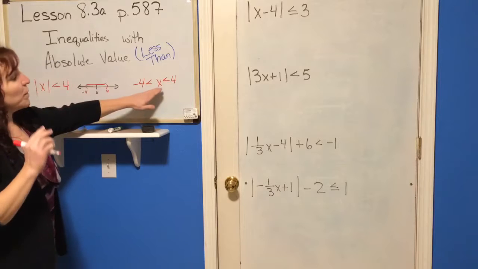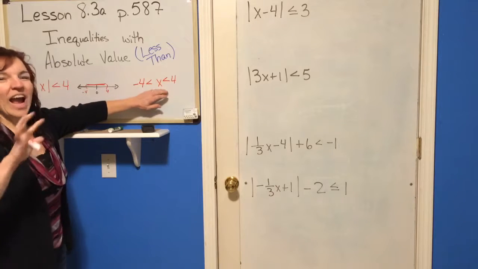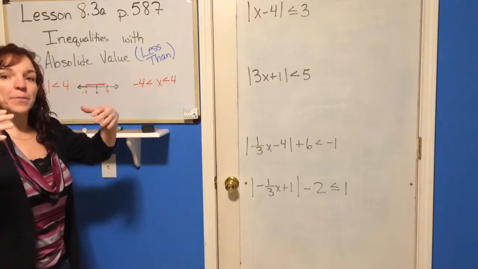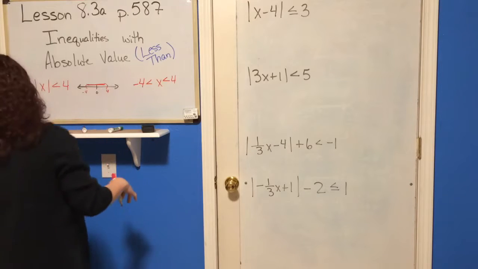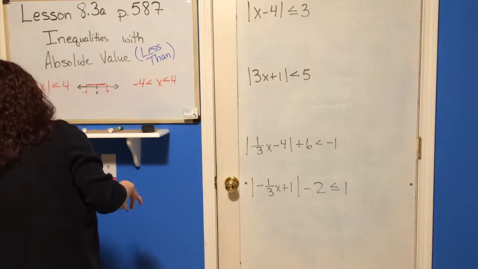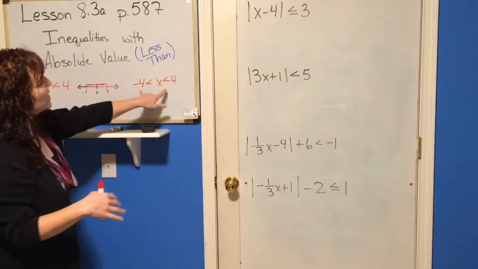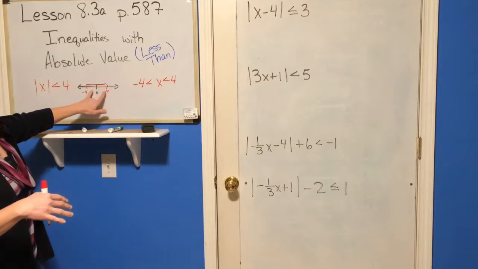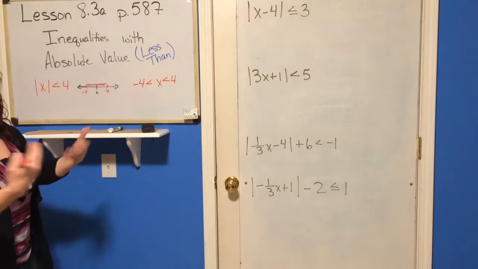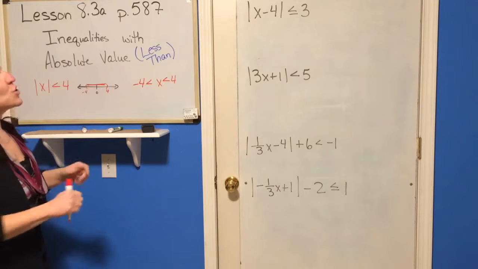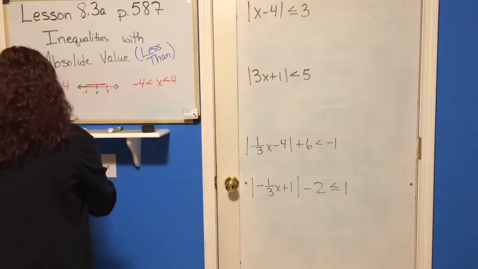So if you'll remember, this looks a lot like our and, or our intersection. So this is the same as our intersection compound inequality. So that's what we're going to end up doing.